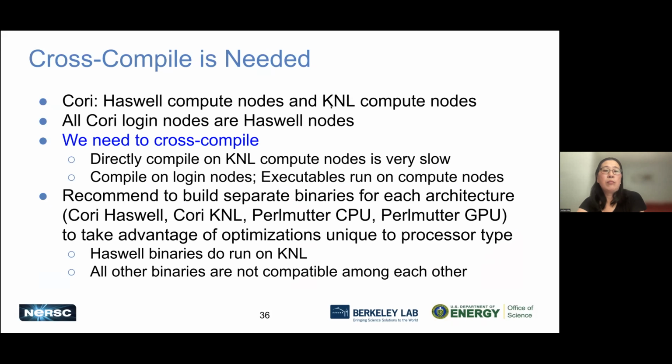And also, Cori binaries are not compatible with Perlmutter binaries. Perlmutter also has CPU and GPU, so there are different ways of building. So make sure you build the applications differently and separately for each architecture.